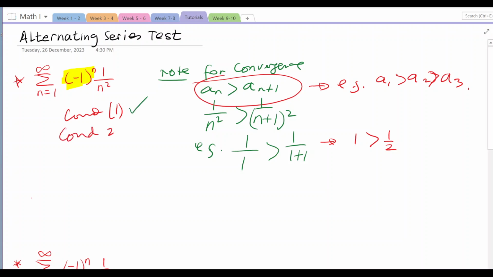Condition two is the limit of that series as n approaches infinity of 1 over n squared. If you substitute infinity directly into the equation, we get 0. Therefore the second requirement is also fulfilled. Therefore the series converges.